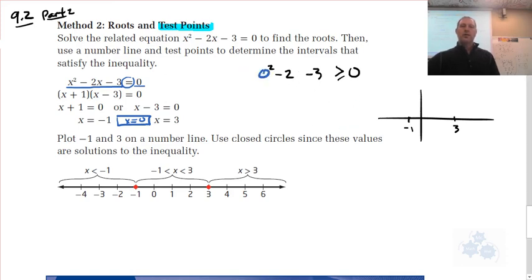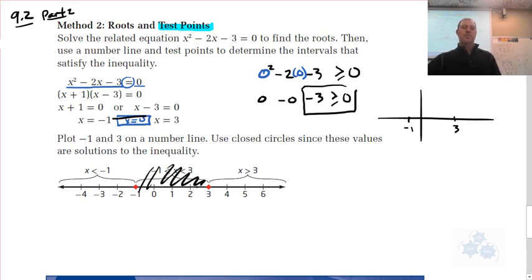We'll put a 0 there and a times 0 there. And then we get 0 minus 3 is greater than 0. So is that true? Is -3 greater than 0? No, it's not true. So this in between is not part of the solution.